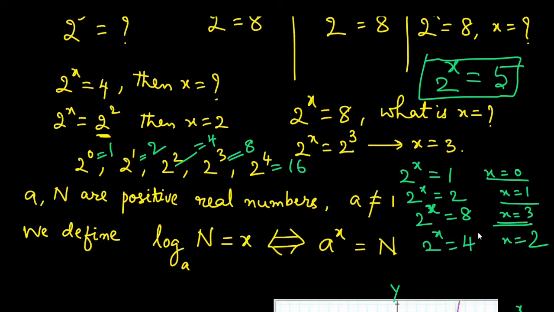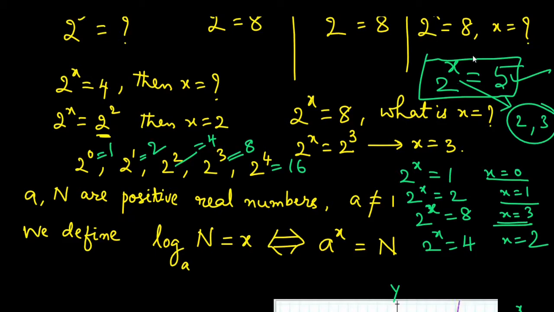So for 2 power x equal to 5, x should be between 2 and 3.